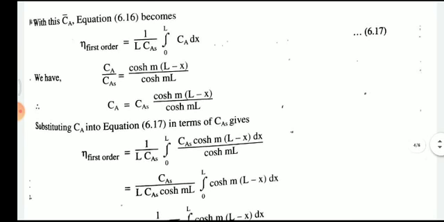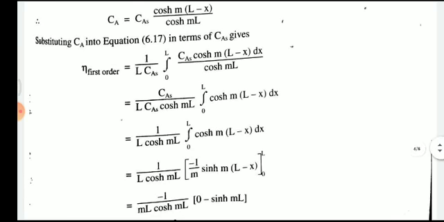Okay, so we have the value of Ca upon Cs, that is cosh ml, ml की जगह पर શું અહીંયા શું આવશે? L minus x, and the bottom part as it is cosh ml. So Ca is equal to Cs cosh m(L minus x) over cosh ml.